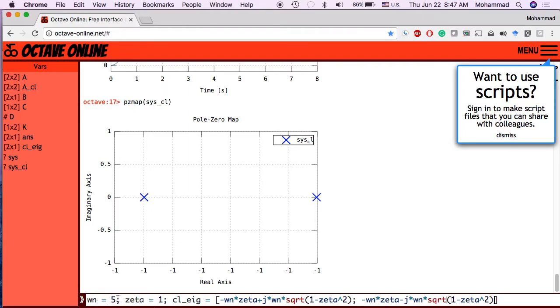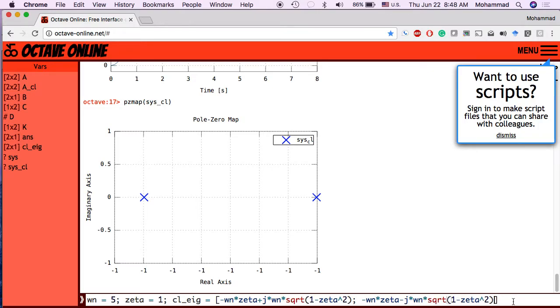I type omega n is 5, zeta is 1, and then I type this command that closed loop eigenvalues are minus omega n times zeta plus j times omega n times sqrt of 1 minus zeta squared. And the next one is minus omega n zeta minus j times omega n sqrt of 1 minus zeta squared.